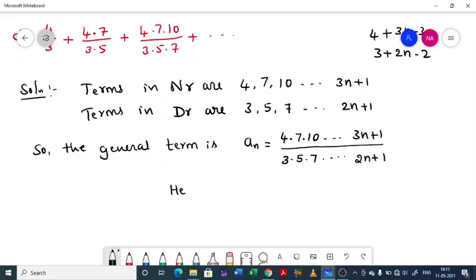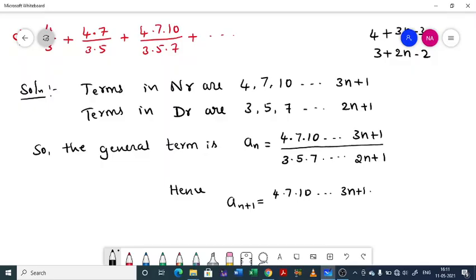Hence an plus 1 equal to 4 into 7 into 10 and so on, 3n plus 1. This will be actually an, right? You have to write one more step in the sense you have to add 3 to this.